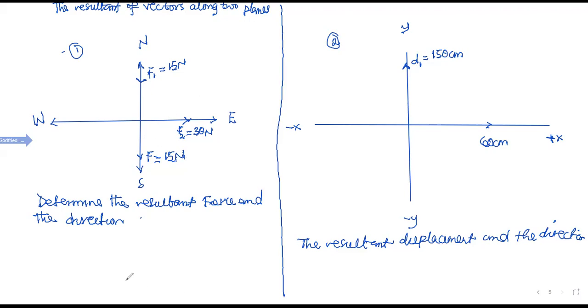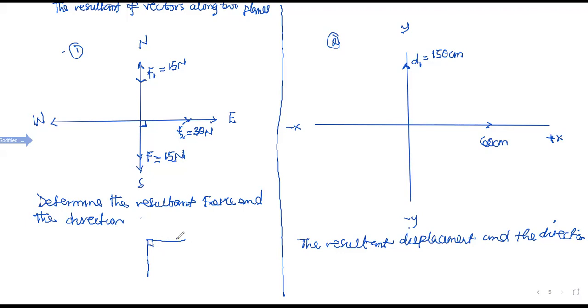If you have vector quantities, you see over here, the two vector quantities are perpendicular to one another. So they are acting in this manner. The angle between them is 90.